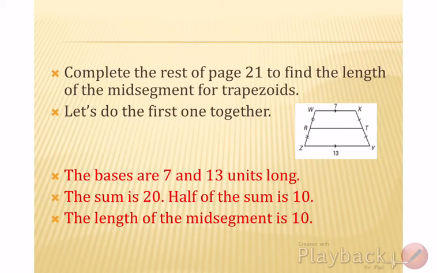I'd like you to complete the rest of page 21 to find the length of the mid-segment for trapezoids, but we'll do the first one together. The bases are 7 and 13 units long. The sum, therefore, is 20. Half of the sum is 10, so the length of the mid-segment is 10.